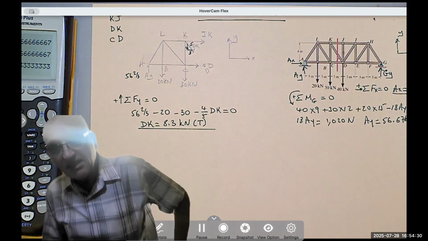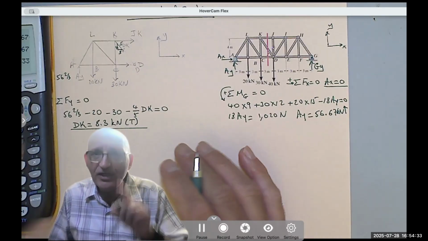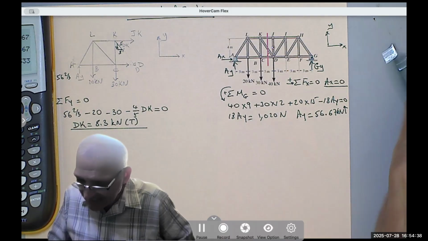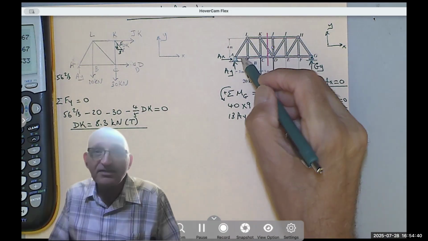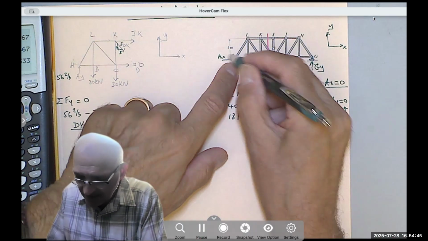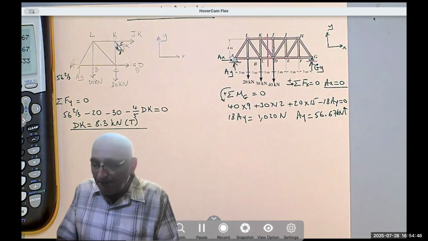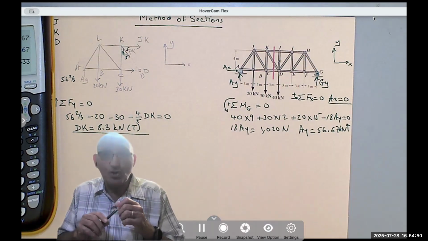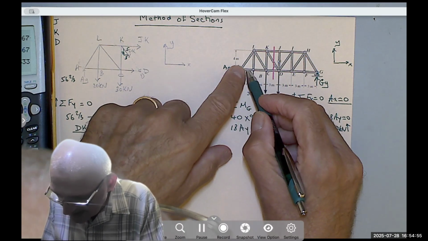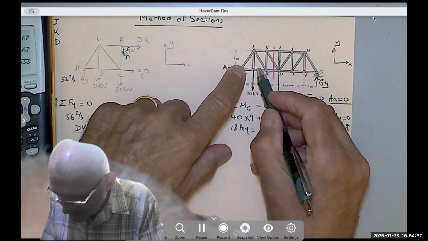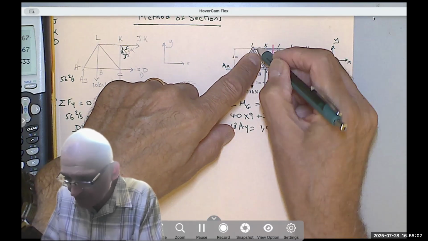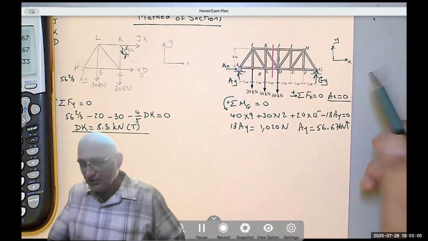So what I'm saying is, remember last time I told you it's up to you to decide which method is easier for you. If I had asked you to find the forces in these two members, I definitely would use the method of joints. I would find the reaction and then sum the forces in the X and the Y. But suppose you use the method of joints here. You would solve for these two forces, then come here to solve for these two forces, then go up there to solve for these two forces, and then you solve for this force and that force, and then you will be able to solve for these.